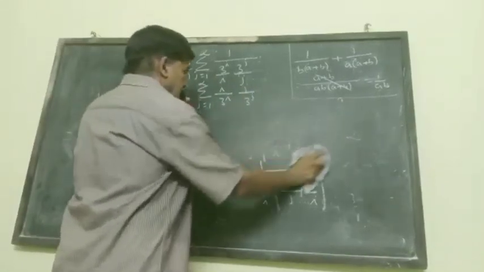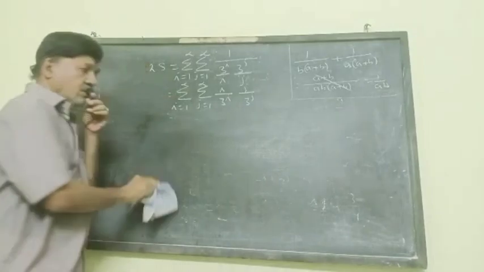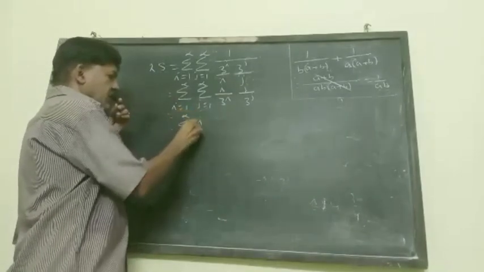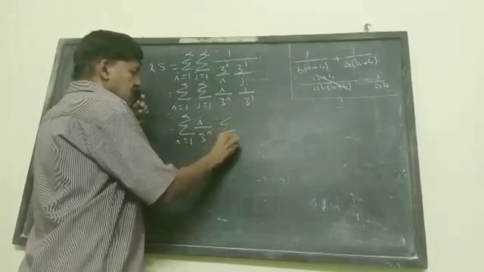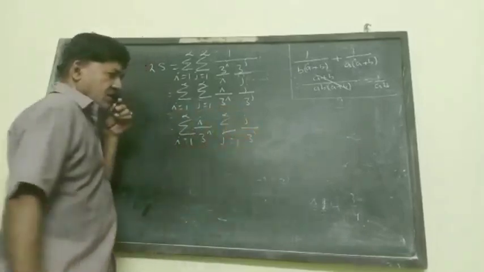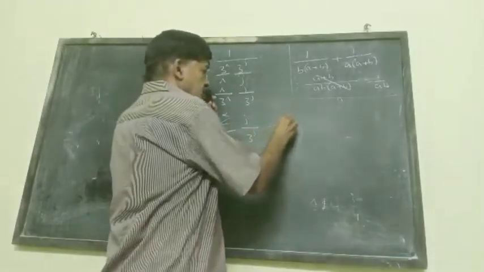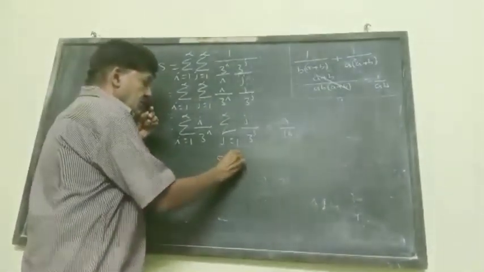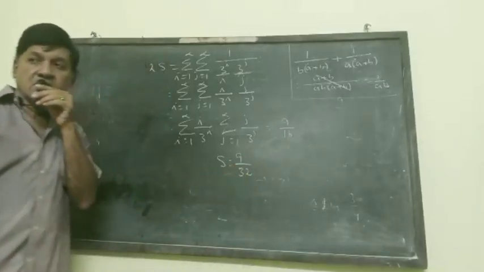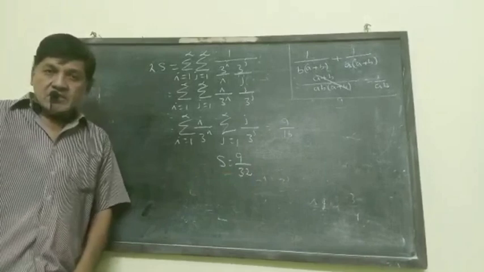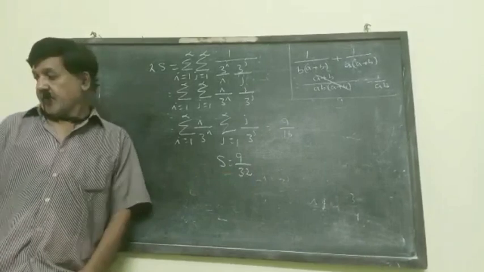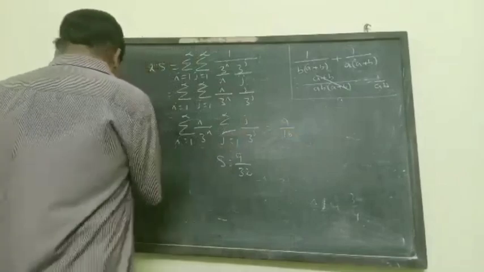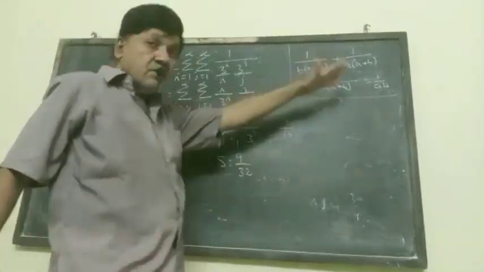For i by 3 power i, j by 3 power j, just now you have seen this problem: sigma i by 3 power i times sigma j by 3 power j is equal to 9 by 16. Just now you have seen the earlier problem. So S will be equivalent to 9 by 32. This is of course a very good problem, very important from an examination point of view. Yes, I think you followed this, right?